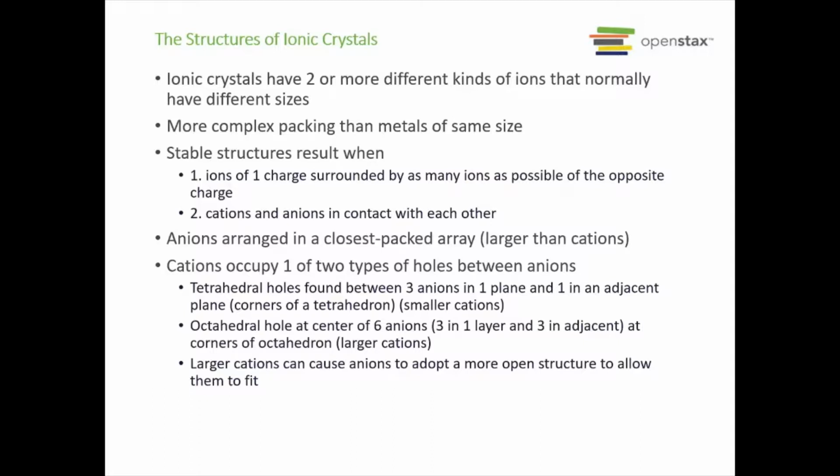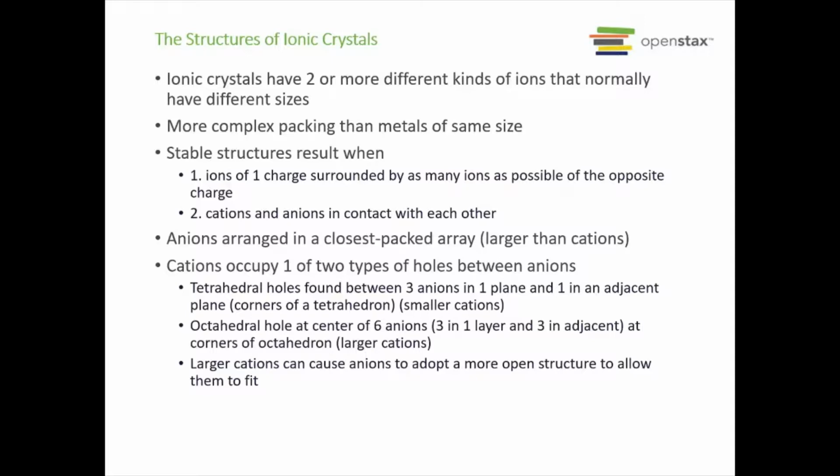They could be occupying tetrahedral holes, which are found between 3 anions in one plane and 1 anion in an adjacent plane, so the corners of a tetrahedron. If you have smaller cations, this is where they will go, because these are smaller holes. Or you can have octahedral holes at the center of 6 anions, so you have 3 in one layer and 3 in the adjacent layer at the corners of an octahedron.